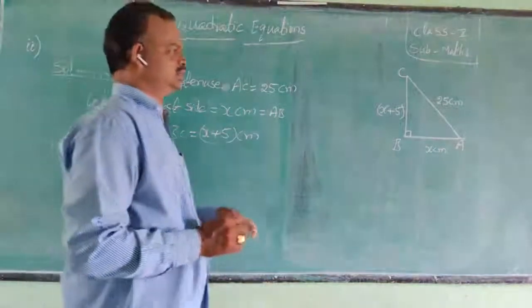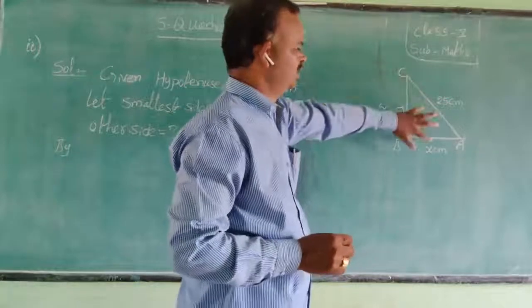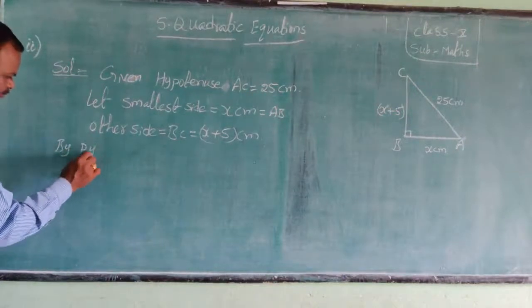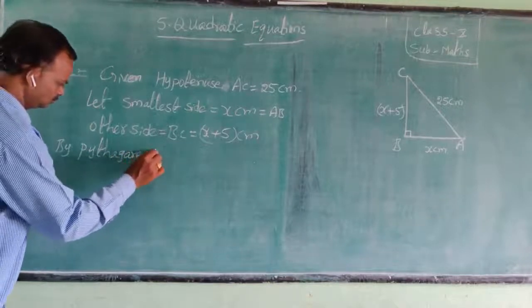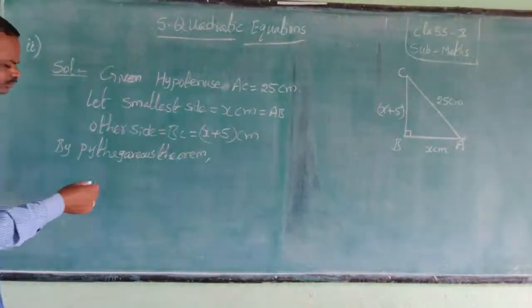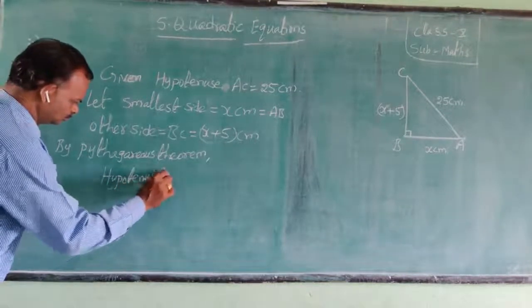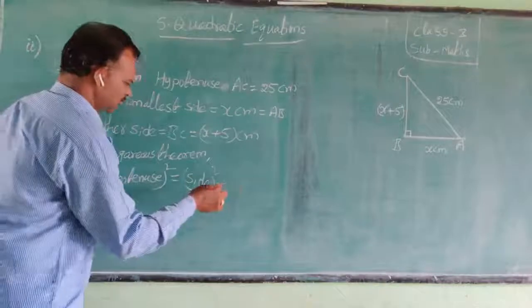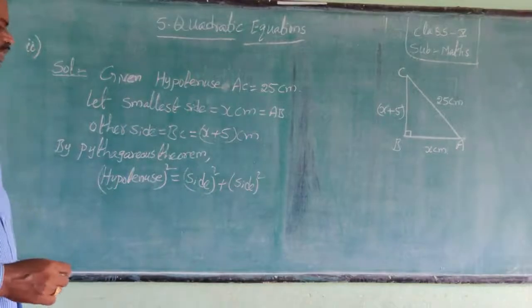By the Pythagoras theorem, hypotenuse square is equal to side square plus side square.